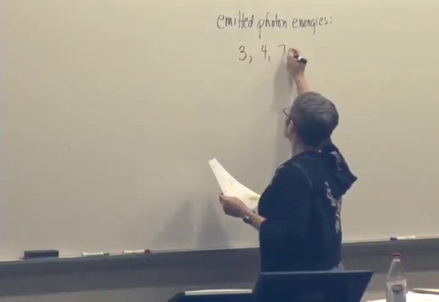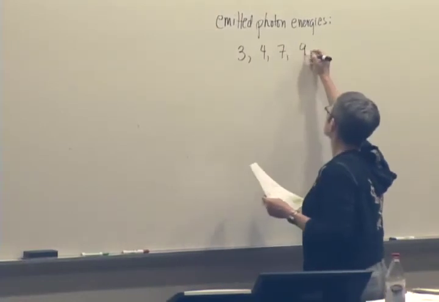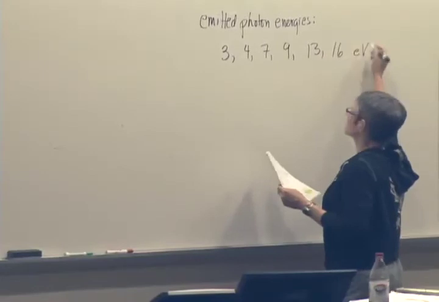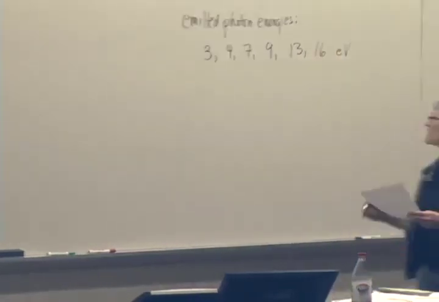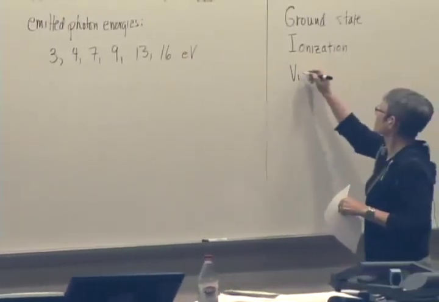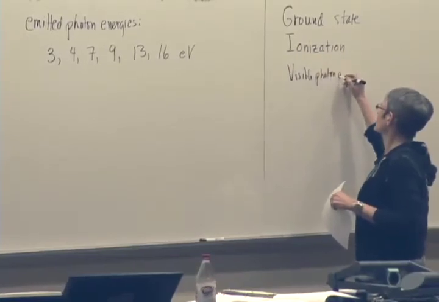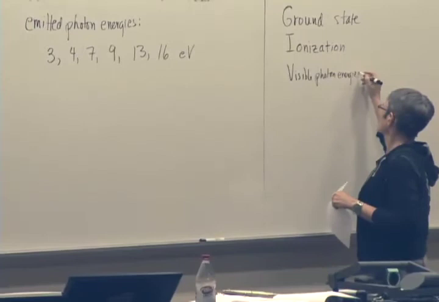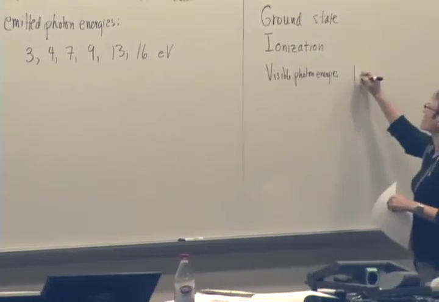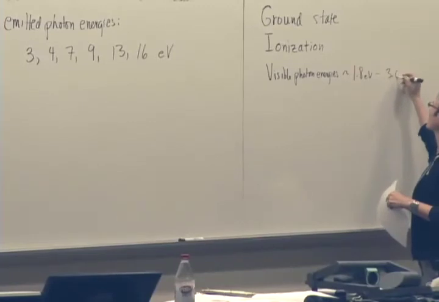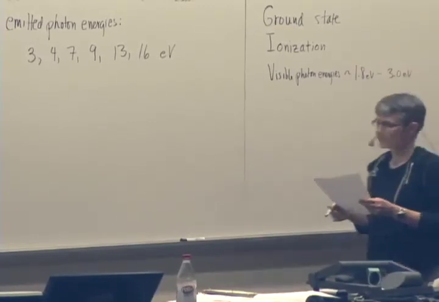3 eV, 4 eV, 7 eV, 9, 13, and 16 eV. Now remember that visible photon energies are from about 1.8 eV to 3 eV, something like that.